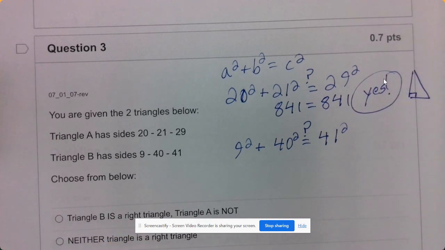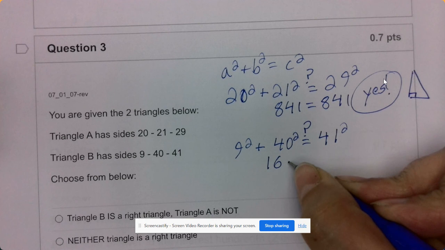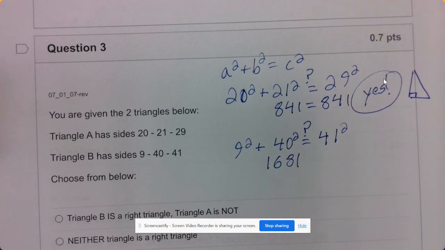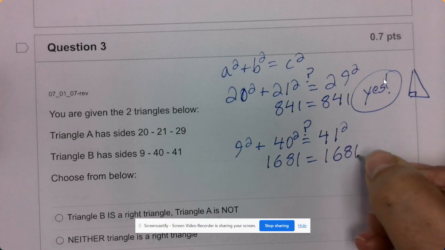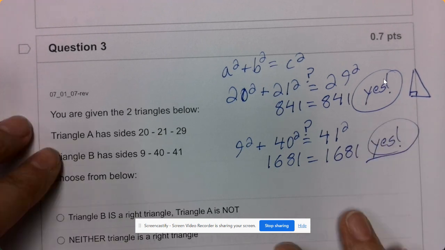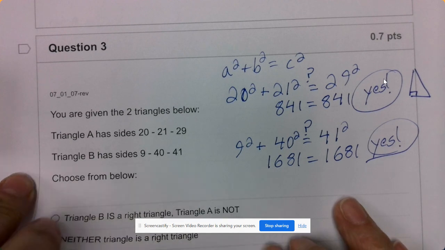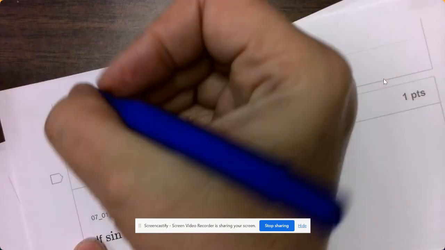Do the next one, 9 squared plus 40 squared. We got 1,681. 41 squared is also 1,681. That is a yes. So they are both right triangles. I would choose the one that says they are both right triangles for that one.